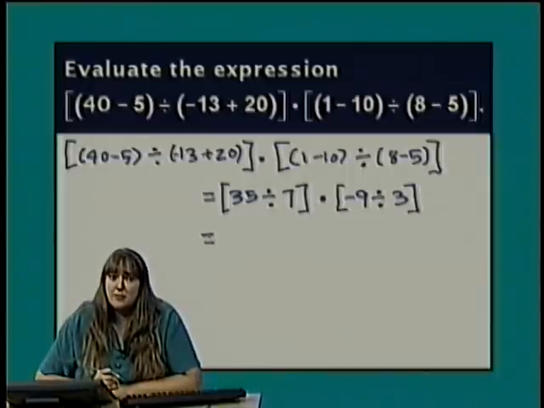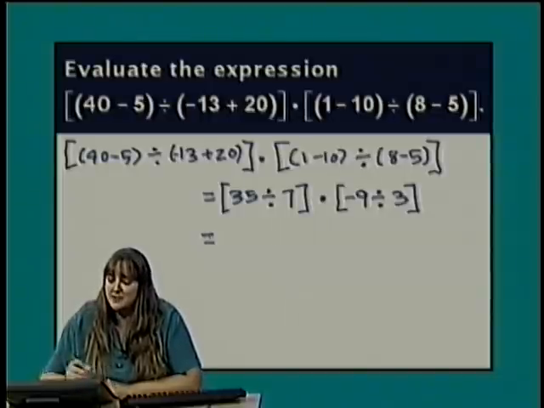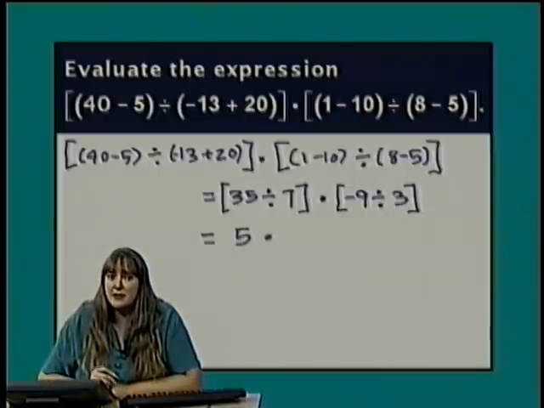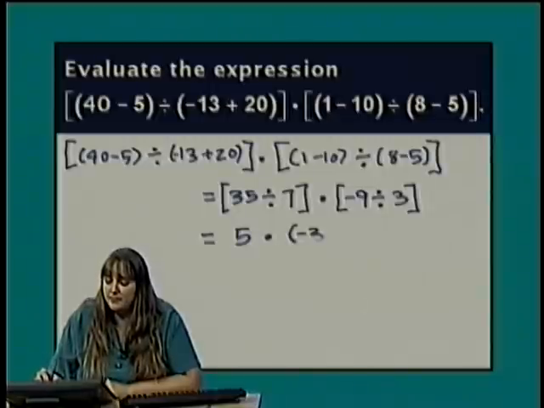So I need to still deal with the grouping symbols before I can multiply. So I'm going to do both of the divisions within the grouping symbols. 35 divided by 7 is 5, times negative 9 divided by 3 is negative 3. And 5 times negative 3 is negative 15.